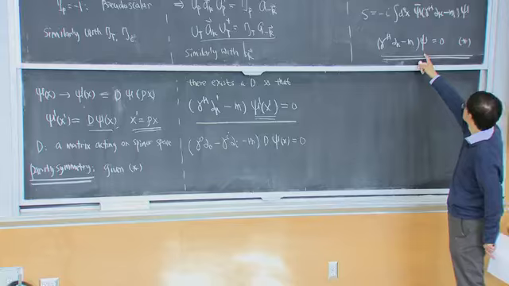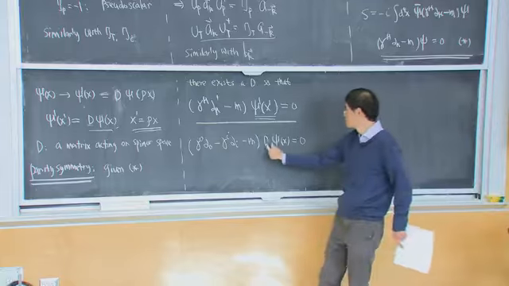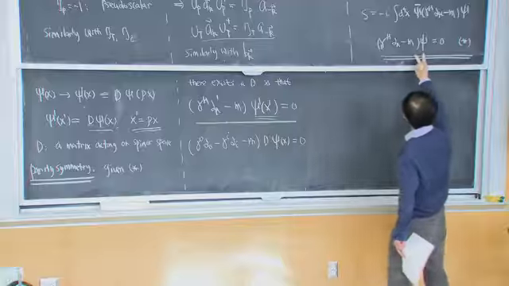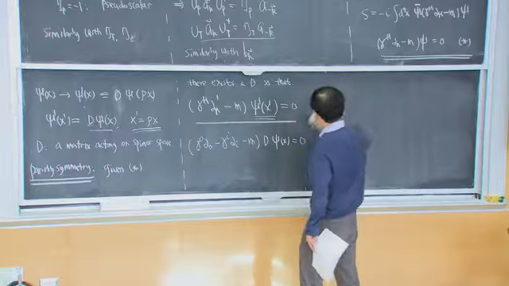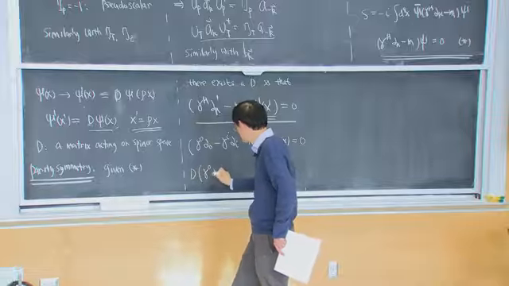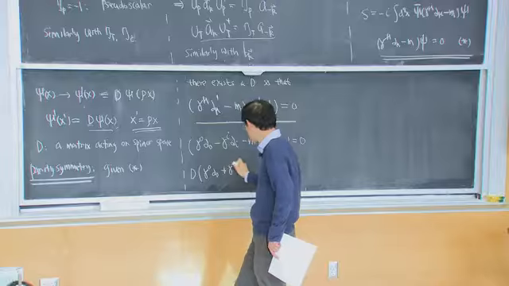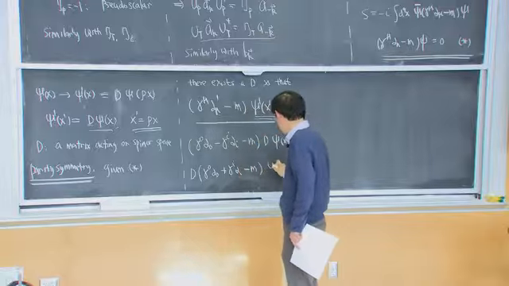Now if you compare with this equation, let's add the D on this equation. That corresponds to D times gamma 0 partial 0, plus gamma I partial I, minus m psi x equal to 0.